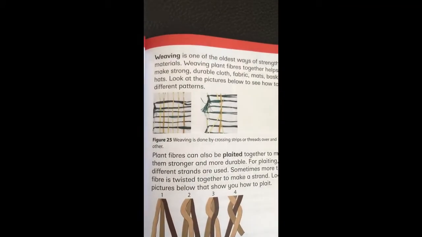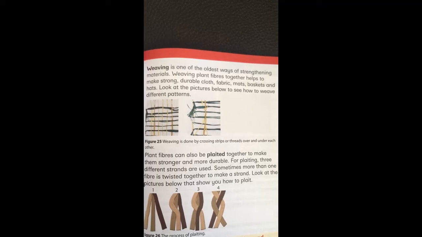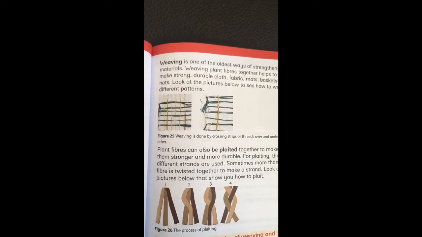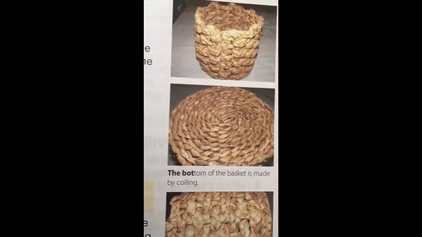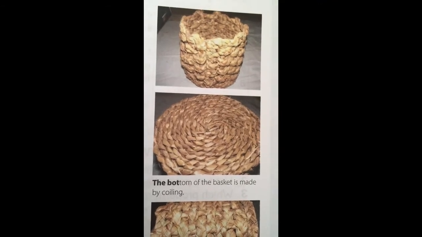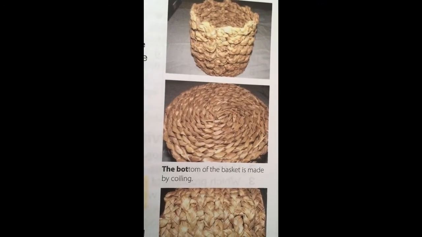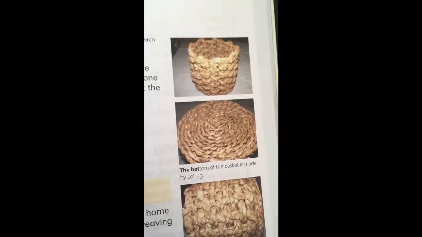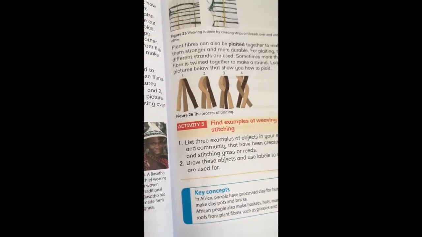And then weaving is that picture over there. That's when we weave different plant fibers together. And then coiling is what you see in this picture over here, when the material is put in like a spiral kind of form.